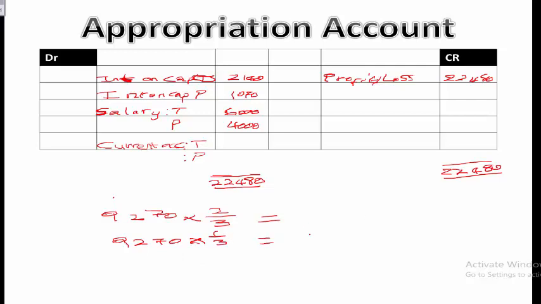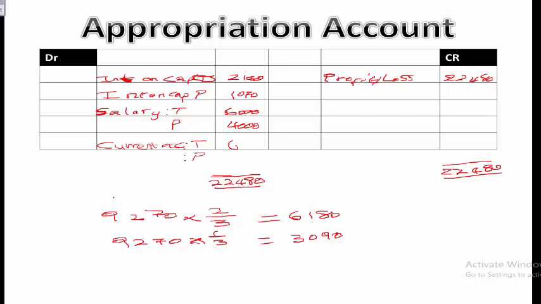So this is the ratio that you use. So for the first, you are gonna get 6,180 if you use your calculator. For the second, you'll get 3,090. So these are the amounts you need to record in your current account, in the appropriation account.